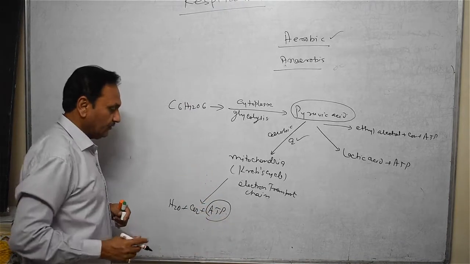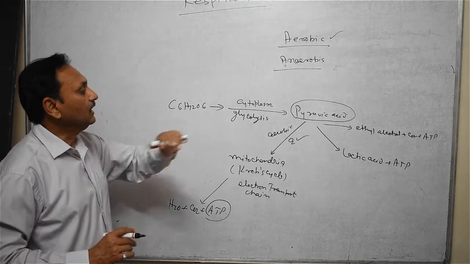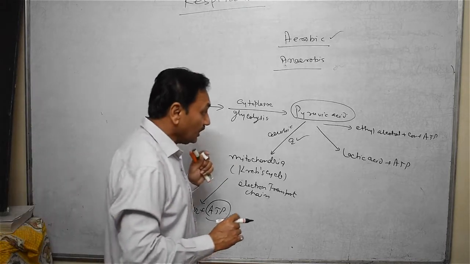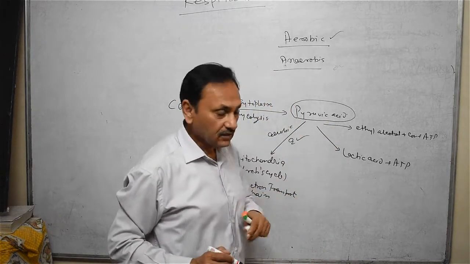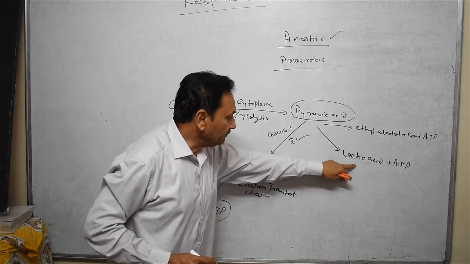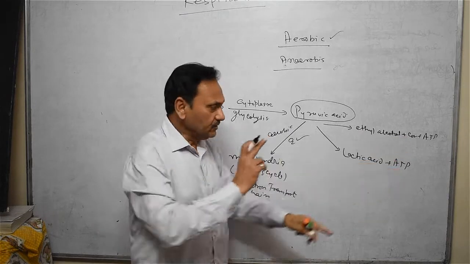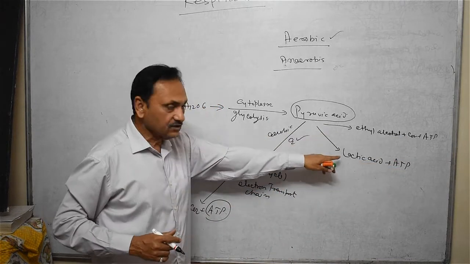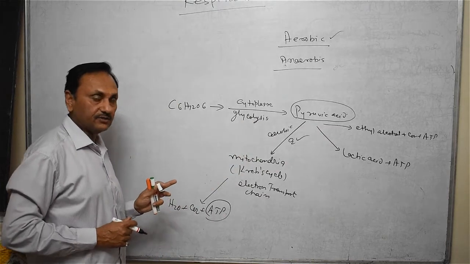So the number of ATP released in aerobic respiration is more than that of anaerobic respiration. But in anaerobic respiration, you have observed that this organic matter is converted again into organic matter, and ATP is also released. It means the number of ATP released is lesser in anaerobic respiration than in aerobic respiration.